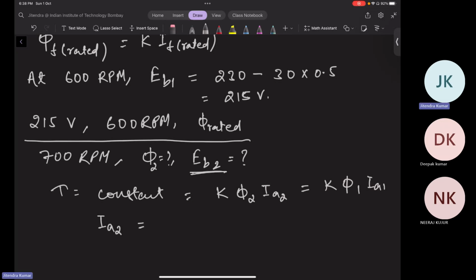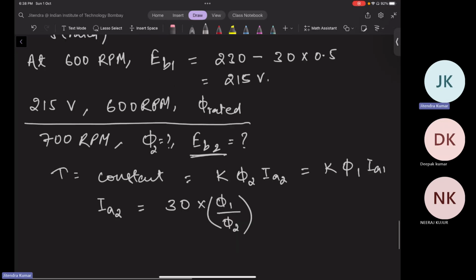IA2 will be equal to 30 into phi 1 by phi 2, right? So IA2 we can say is 30 into phi 1 by phi 2.